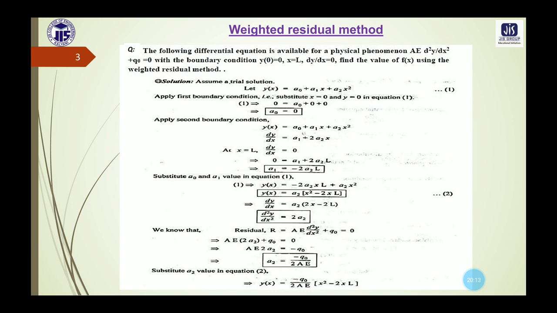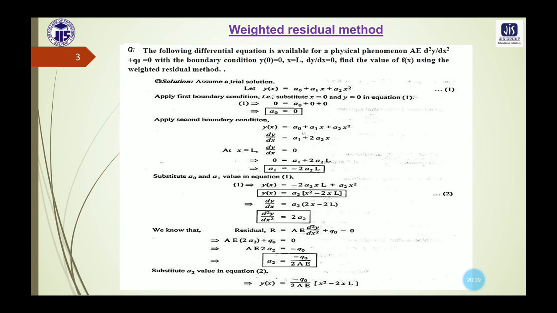The mathematical representation of the residual is AE d2y/dx2 plus q0 equals 0. It was given that formulation. So in this equation we have entered the value of d2y/dx2, that we got as 2a2. Now putting this value, we have calculated the value of a2 also in the form of q and AE.